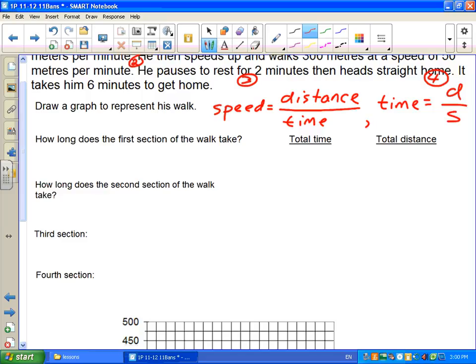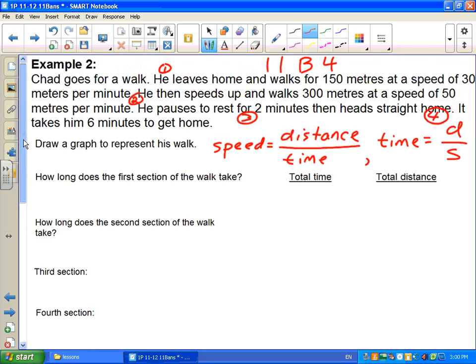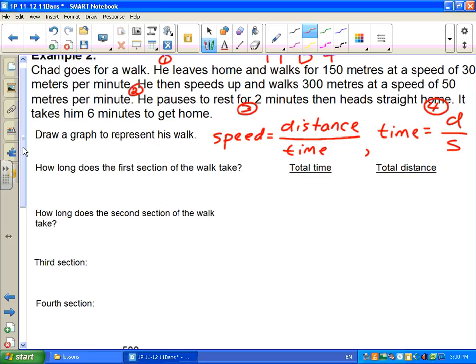They give us some questions of things that we should calculate before we draw this graph. The first thing it asks us is, how long does the first section of the walk take? That first section is him leaving home, walking for 150 meters at a speed of 30 meters per minute. They tell us his distance, D, is 150, and his speed is 30 meters per minute.